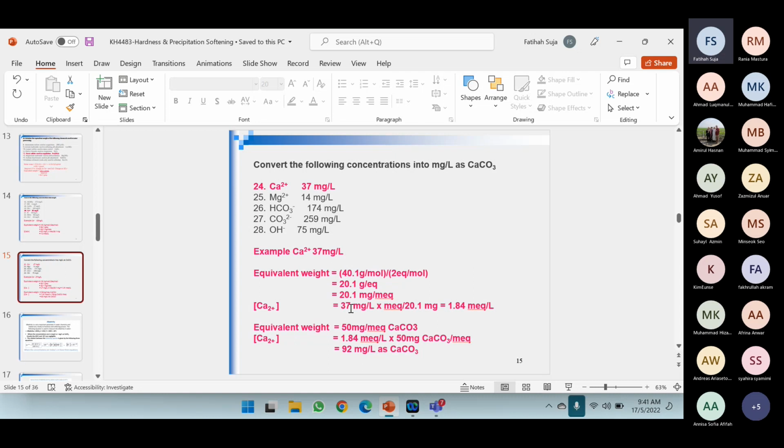So after you convert this, you take 37 milligram per liter. Actually you divide, and then you will get 1.84 milli equivalent per liter.